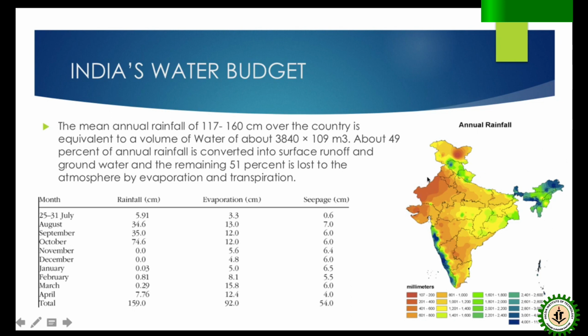You can see this is all arid place. Gujarat and Rajasthan are very dry, which is orange in color. Rainfall is there but very less. So this is your annual rainfall. With this you get your rainfall. Then again the outflow is evaporation and seepage. When you deduct those you get the net storage. So this is about India's water budget.